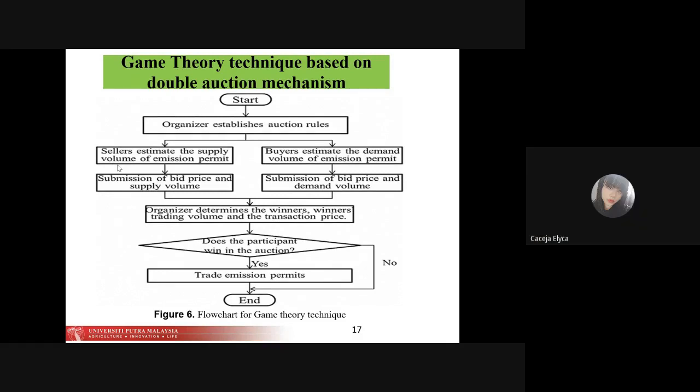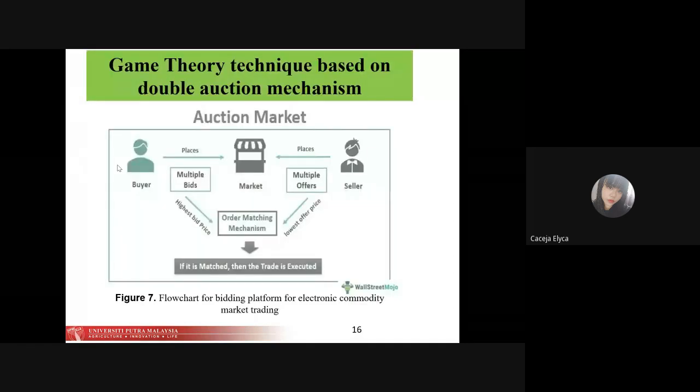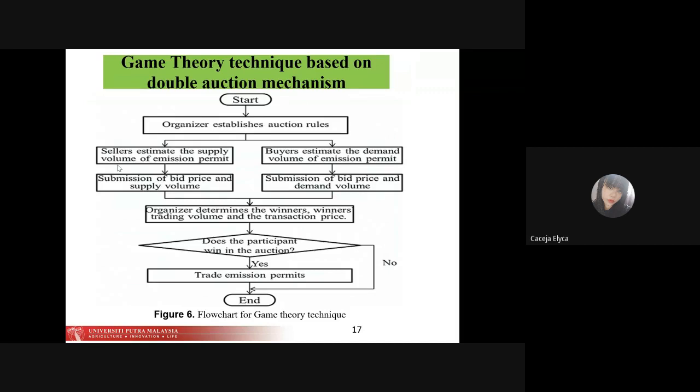In the game theory, I try to put the machine learning algorithm. The prediction that I do will help the game theory technique. For example, for the chicken, based on the predicted price, we will know that the next day the price is like this.